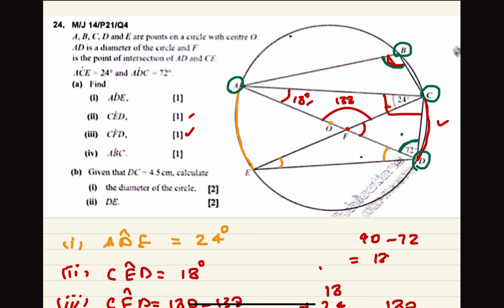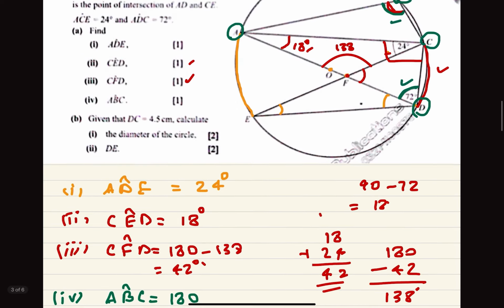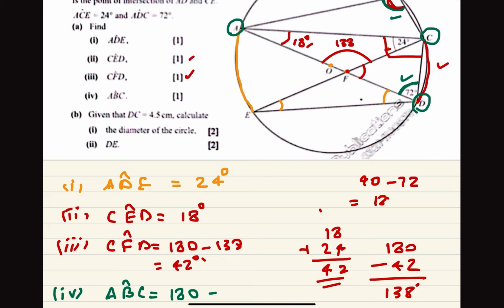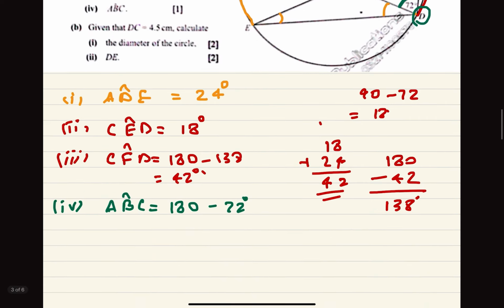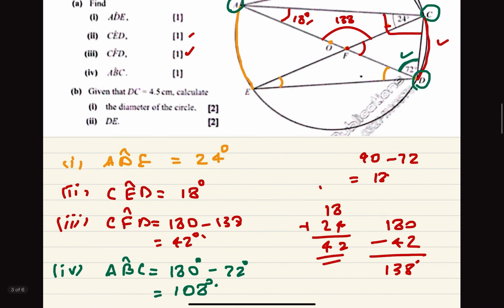So if you subtract this 72 from 180, you will get this angle ABC. This is also very easy. So angle ABC is 180 minus 72 degrees, which is equal to 108.